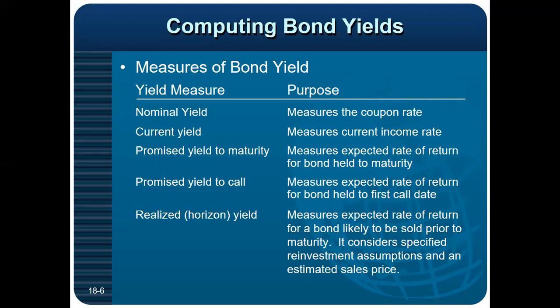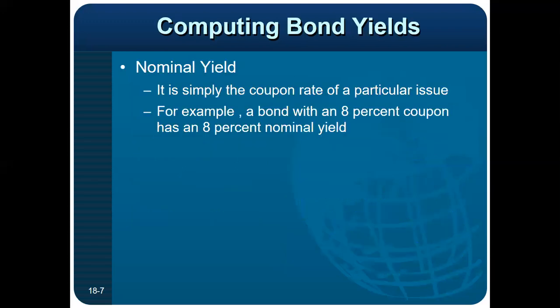Promised yield to call measures the expected rate of return for a bond held to the first call date. Realized or horizon yield measures the expected rate of return for a bond likely to be sold prior to maturity. It considers a specified reinvestment assumption and an estimated sales price. So different types of yield measure different purposes.